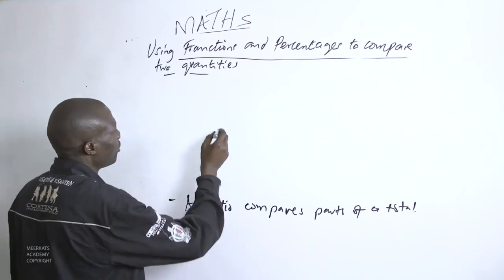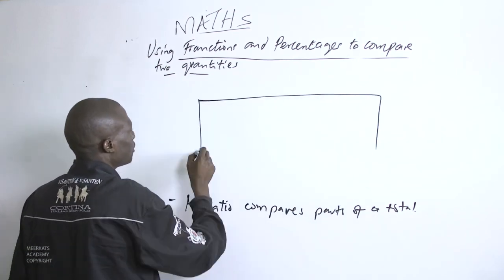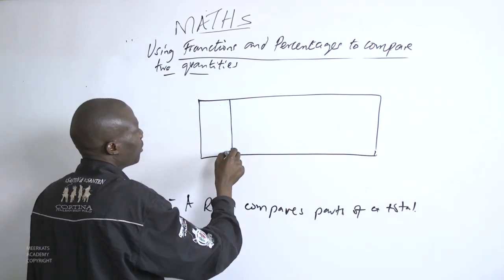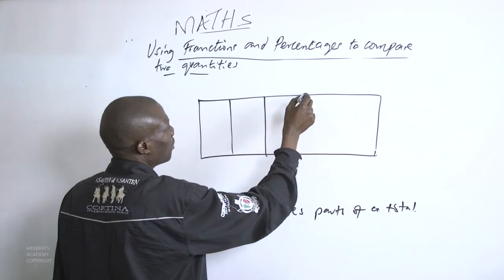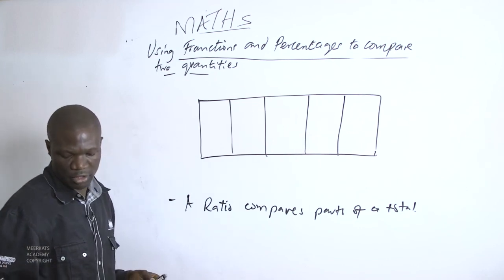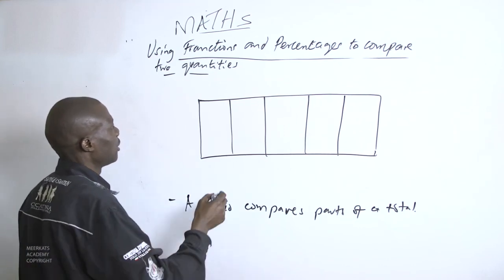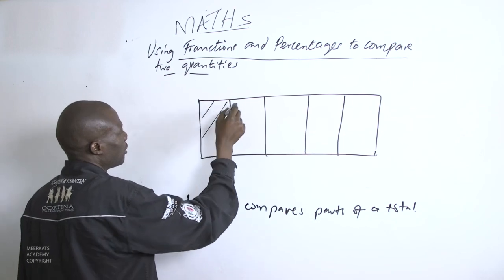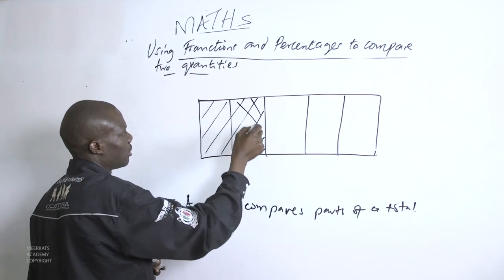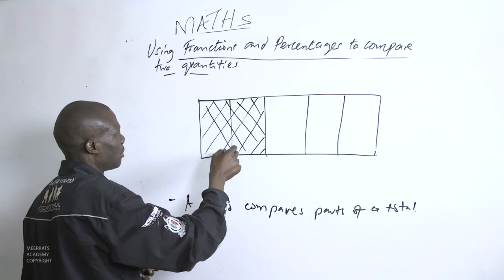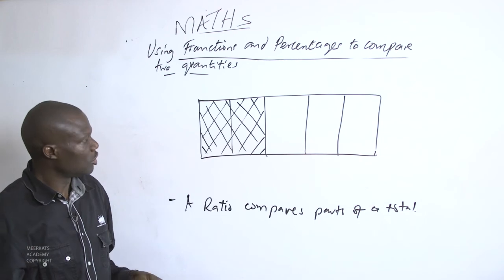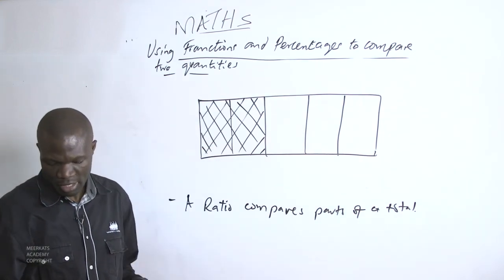We can have this rectangle with 5 divisions. Let us say that the first 2 have been selected like this, and then the remaining 3 are not selected. So we have the shaded and the unshaded.